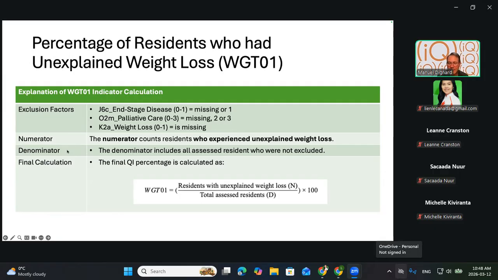So this QI gives the team a chance to intervene before issues escalate. Facilities may use this indicator to review care planning, dietary supports, staff awareness, follow up actions, especially for residents who are frail or at risk for malnutrition. It's not just about the number, it's about the story behind that weight loss and what we do next to support the resident.